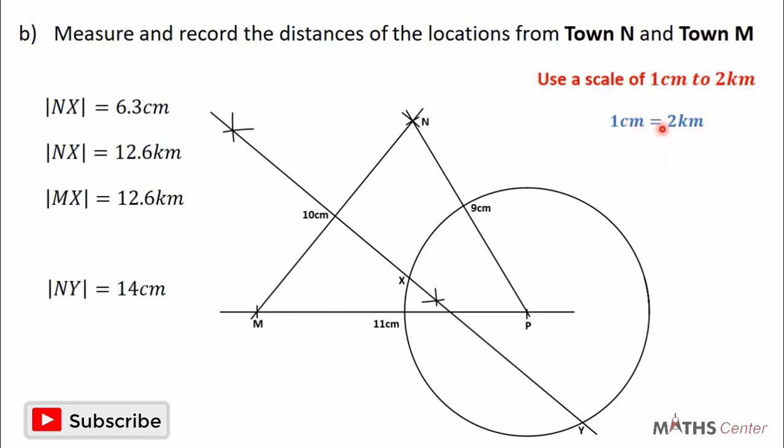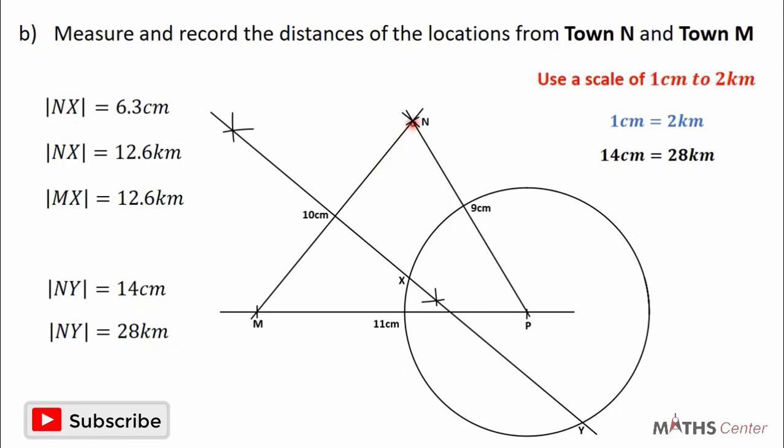If 1 centimeter is equal to 2 kilometers, then 14 centimeters will be equal to 2 times 14 kilometers. And 2 times 14 will give us 28. So 14 centimeters will be equal to 28 kilometers. So the distance NY, which is 14 centimeters, is 28 kilometers.